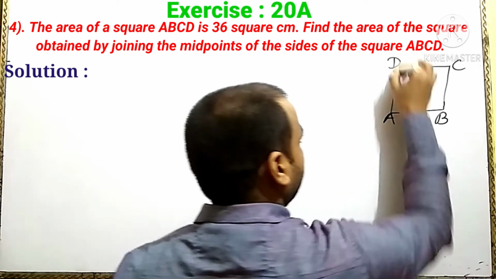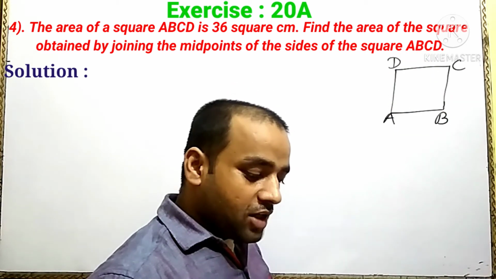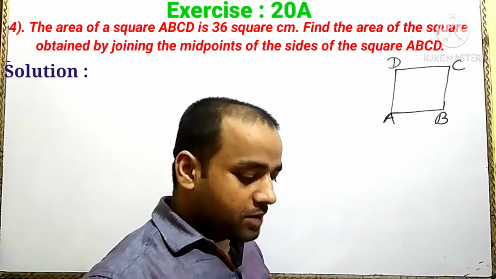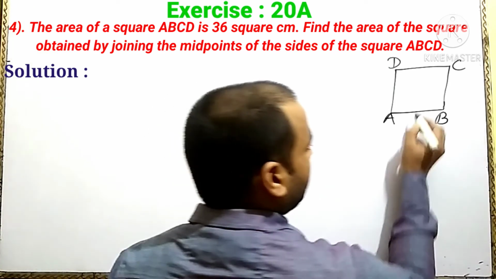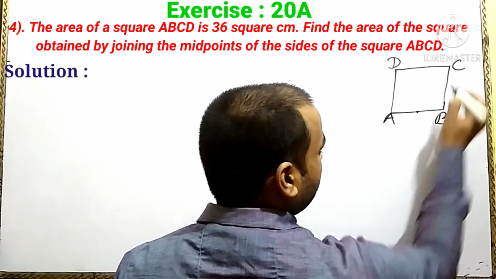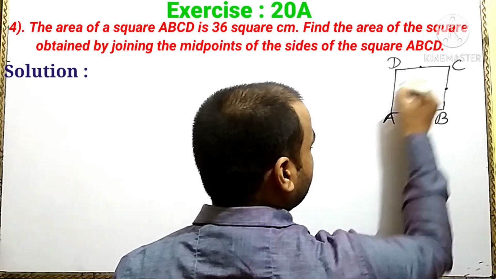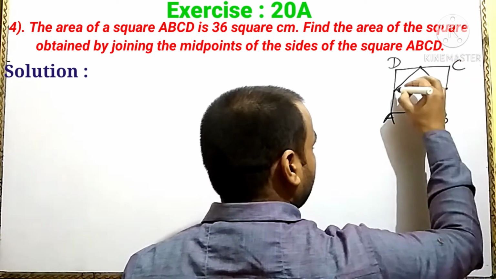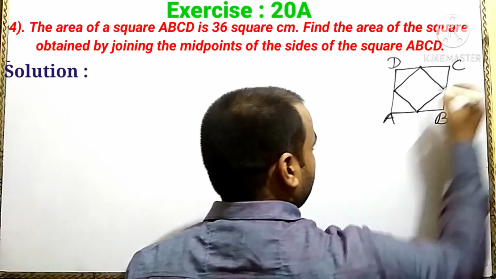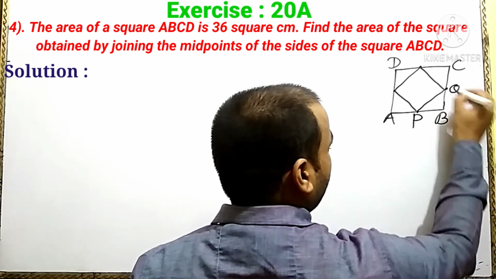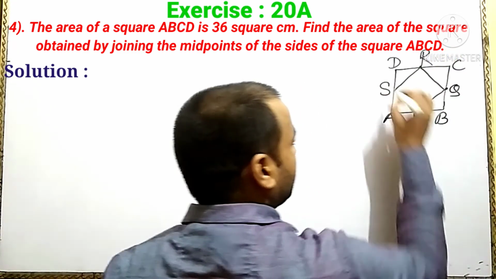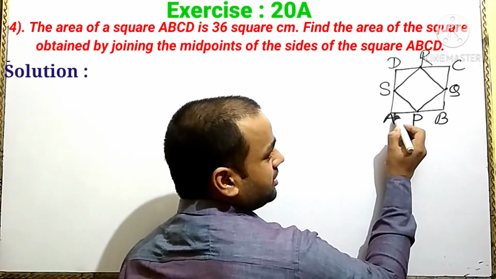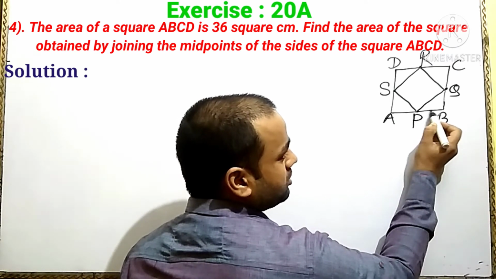Take midpoints of the sides AB, BC, CD and DA and join them, the required square PQRS. Midpoints means two equal parts, means the distance AP is equal to the distance PB.